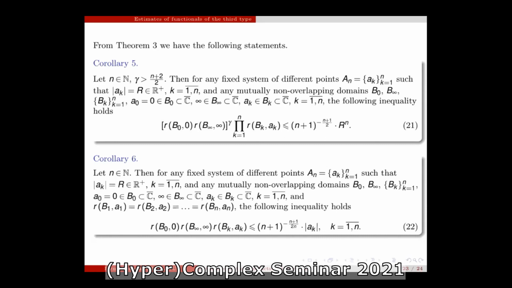R(B_0, 0) R(B_infinity, infinity) R(B_k, a_k) is less than or equal to (n+1)^(-(n+1)/(2n)) modulus a_k for any k from 1 to n.